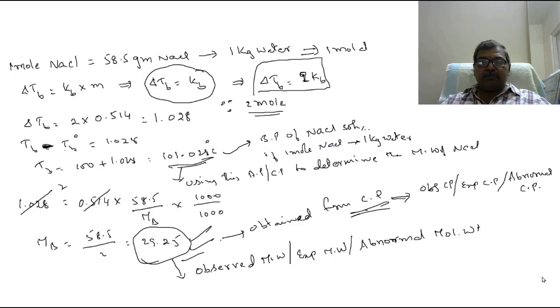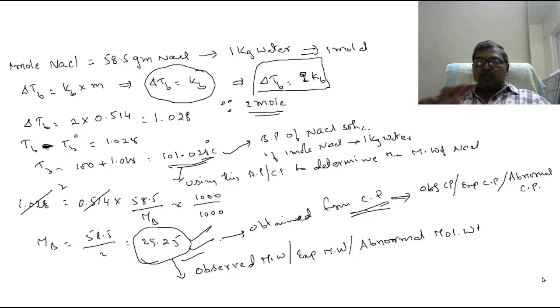See, for example, if the solute dissociates in the solution, then we will get more particles in the solution than actually dissolved. If the number of particles in solution increases, colligative property increases. Just I gave one example.